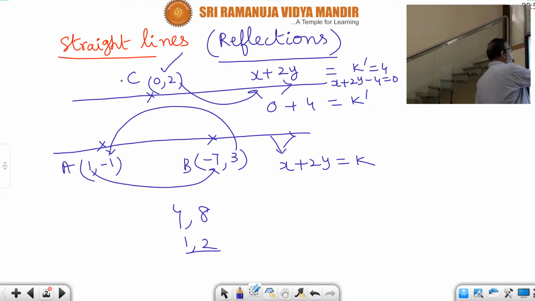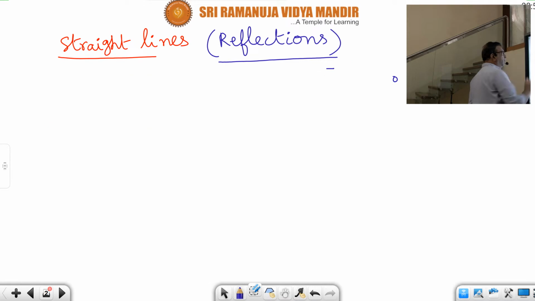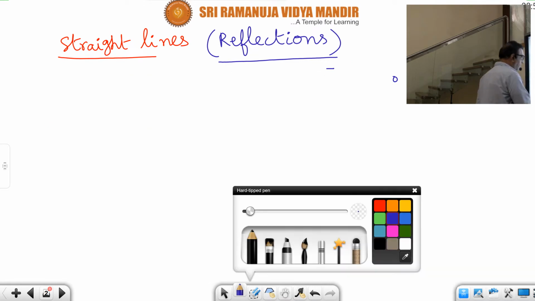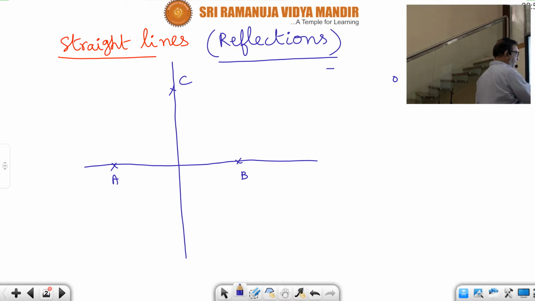So now let us find the shortcut for a perpendicular line. I am removing all this. Suppose this is a point A, this is another point B, this is another point C. I will give the points A, B, C coordinates. I want now the equation of the straight line passing through C and perpendicular to AB.